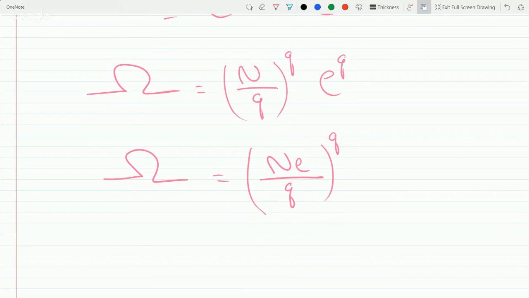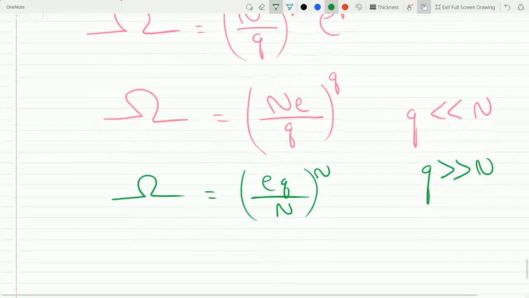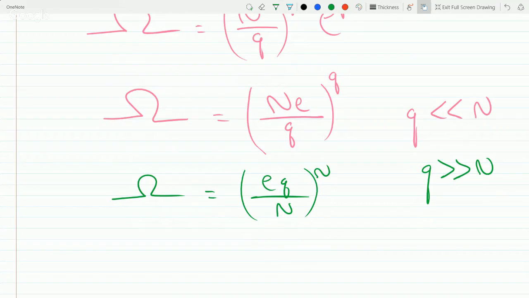This is for the limit where q is a lot less than N. Notice, if you look at the result where q is greater than N, what's the answer? This is just (eq over N) raised to the N. What happened? You just swapped the q with the N and the N with the q, which makes sense because mathematically all we did is an approximation where q was small compared to N versus N is small compared to q.